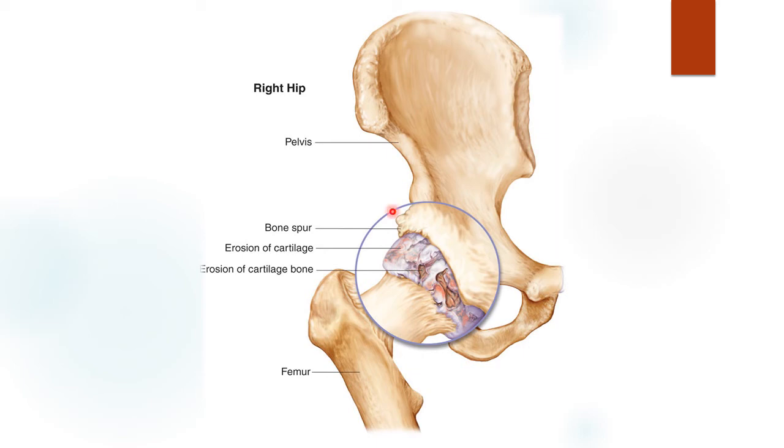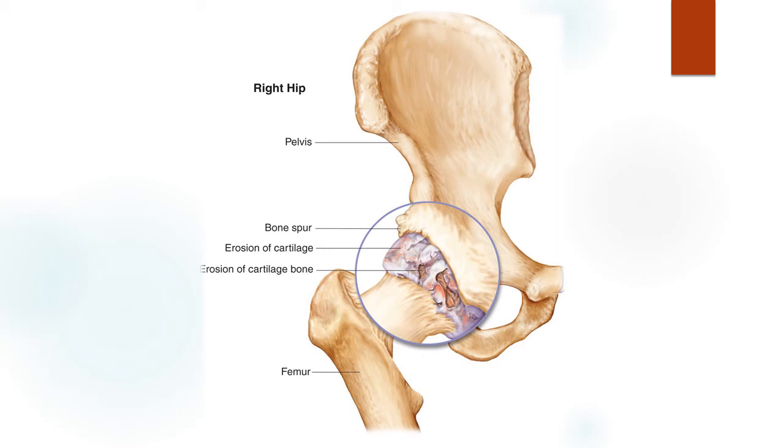Now, because of these changes of the joint, this is typically going to be a joint that's associated with some level of pain. And it's generally the pain that brings the patient to our clinic for treatment and for rehabilitation recommendations.